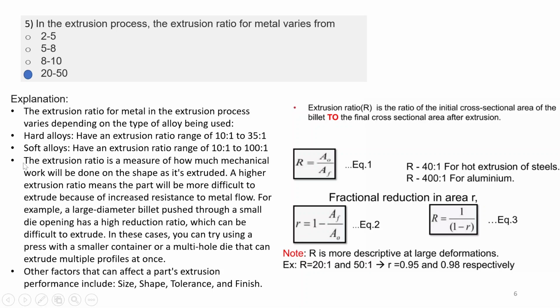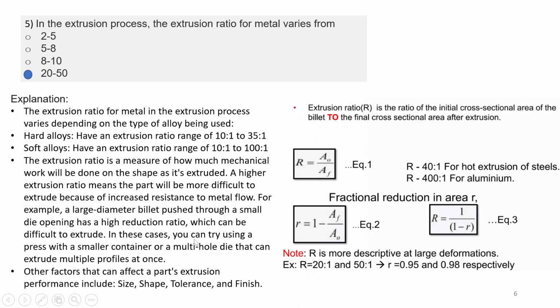The extrusion ratio is a measure of how much mechanical work will be done on the shape as it's extruded, and a higher extrusion ratio means the part will be more difficult to extrude because of increased resistance to metal flow. For example, a large diameter billet pushed through a small die opening has a high reduction ratio, which can be difficult to extrude.